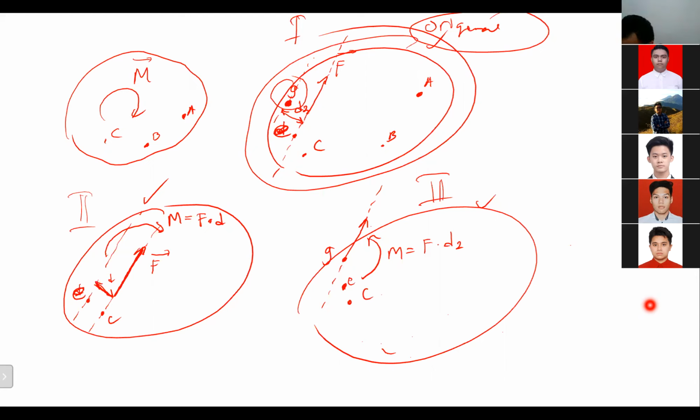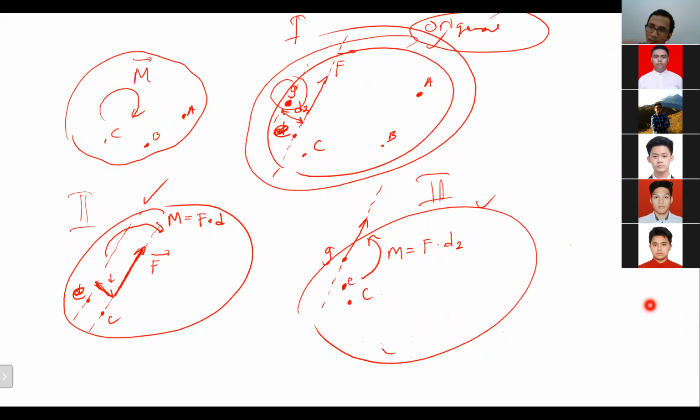In that case, the way to imagine it is the point where we want to move the force to, we put it as a pivot, the center of rotation. Then try to imagine the rotation which will be caused by the old force before we move it to that particular point.